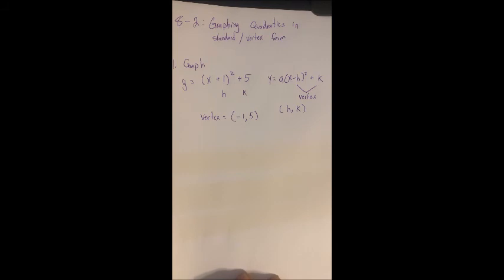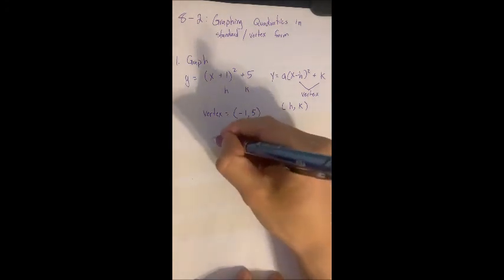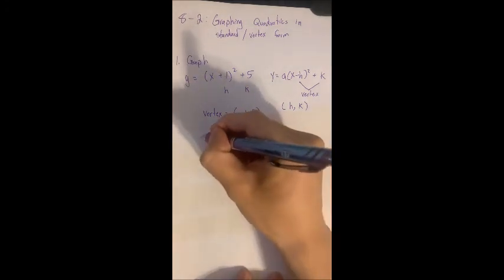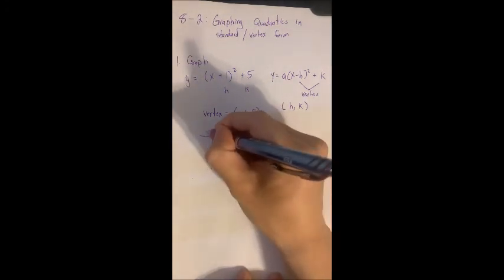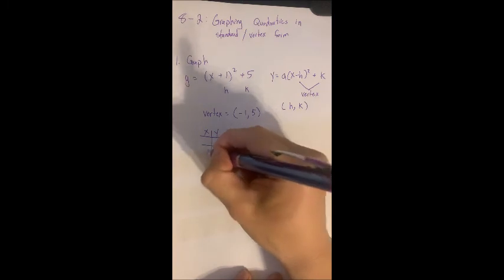So back in 8-1, to graph a quadratic, we made a table starting from -2 all the way to 2. So I'm going to make a table here.